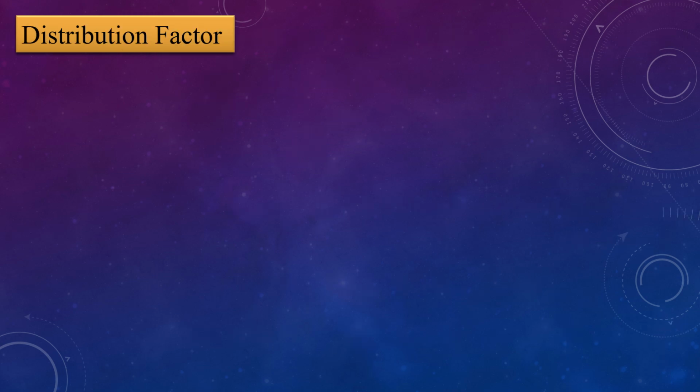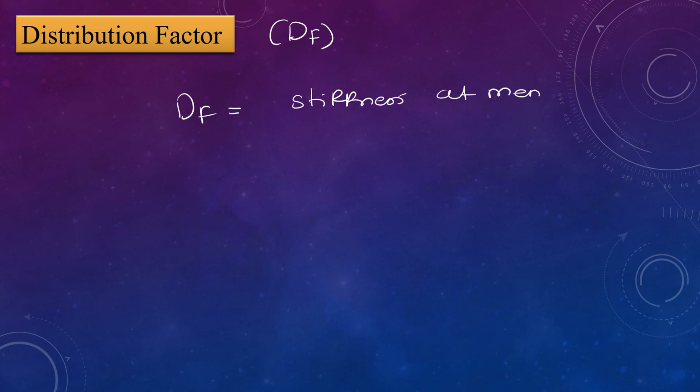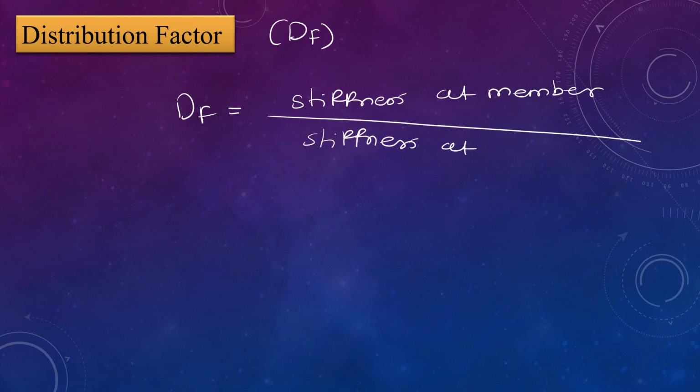Then distribution factor. Distribution factor is represented like this, DF. DF is a ratio of stiffness at member to stiffness at joint. This is the formula to calculate the distribution factor.